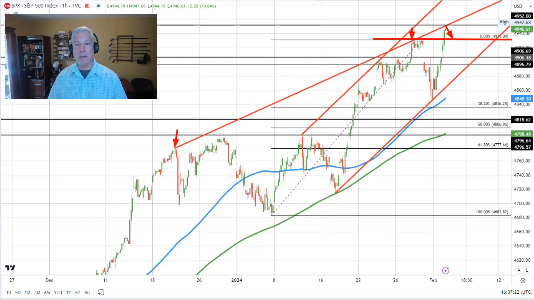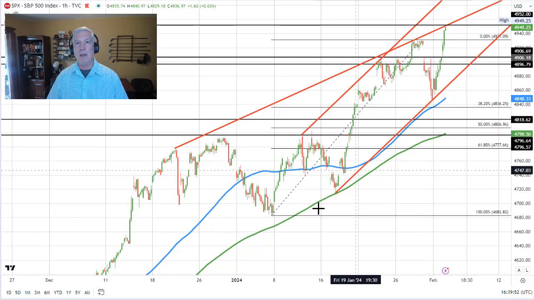So what you're trying to do is risk maybe this much, between the black line and this red line, for a gain of this much, and that's what traders do when they're trying to limit their risk and maximize their profits. So that's one target level on the S&P Index.